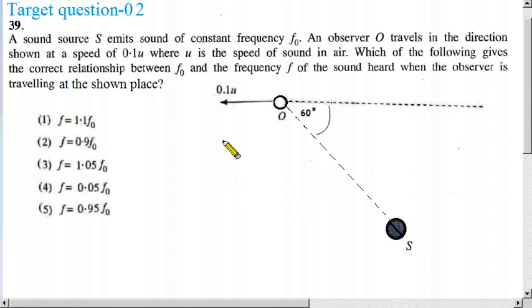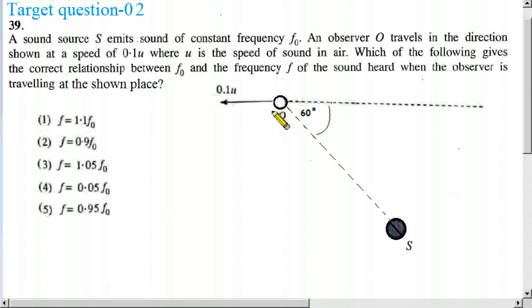I think you have finished. You have done it. So here what they ask is at the shown place. So exactly when this observer is passing this place, we have to find out the frequency. There is no range, therefore only one frequency.